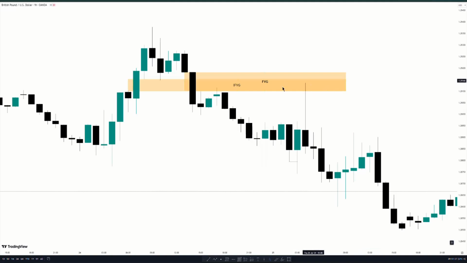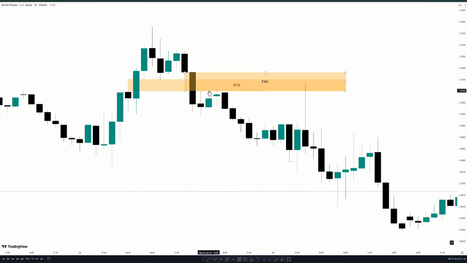When price came to that zone, you can see how just after reacting to the two zones, it just spiked to the downside like that. So this tends to be of high quality.